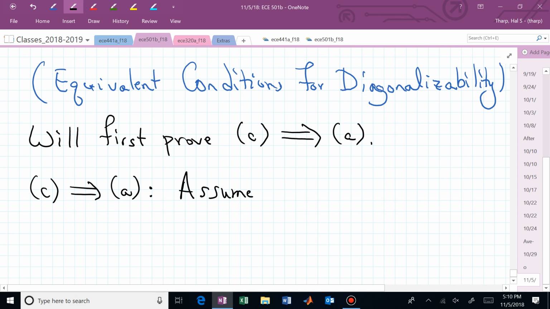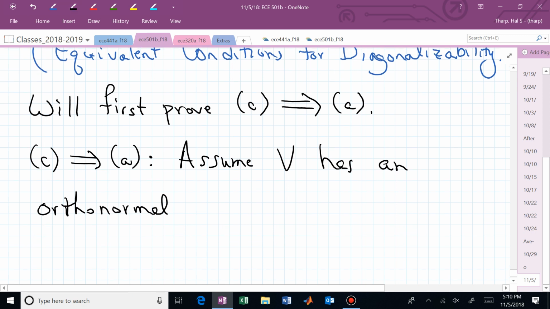Or we can now assume that V has an orthonormal basis, and this orthonormal means that we're dealing with an inner product space. We have some way of measuring magnitude of these vectors.